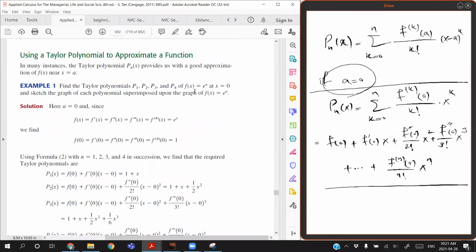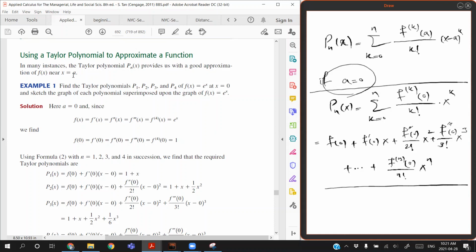So in many instances, the Taylor polynomial provides us with a good approximation of f near x equals a. But if a is 0, it has another name. So it's basically the exact same thing with a new name for a special case when this a here is 0.